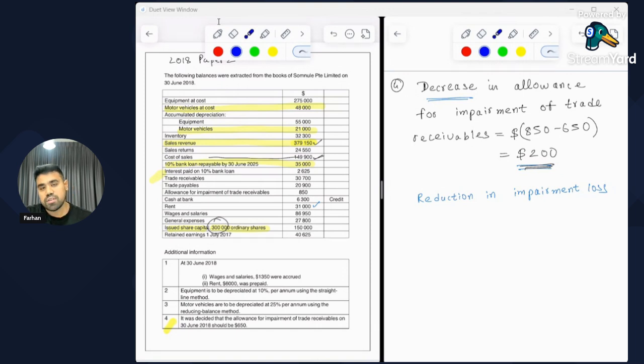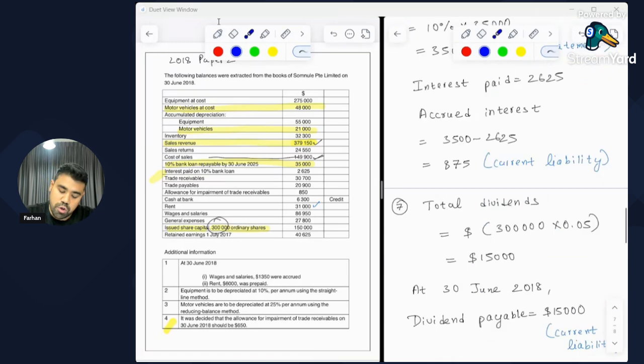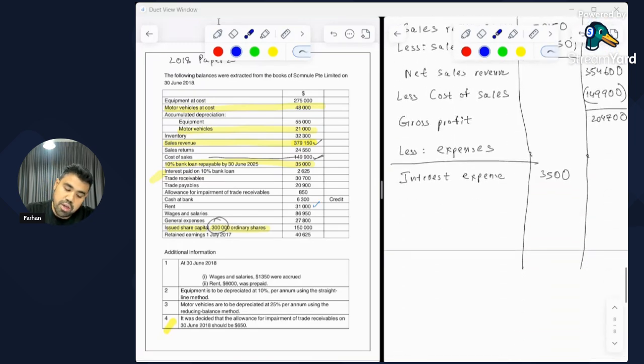It's not a cost, it's actually a saving for you because now you expect to collect more of the money from your credit customers compared to the past. So what we're going to do here is write reduction in impairment loss of trade receivables, and we are going to show this as a negative number of 200.